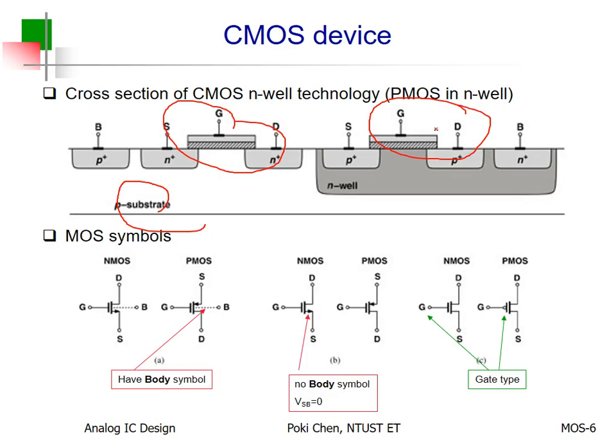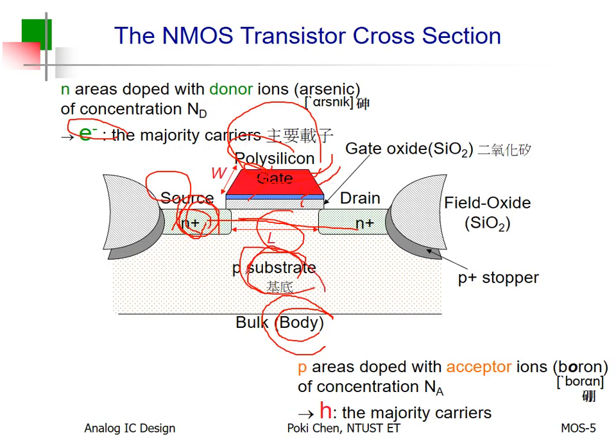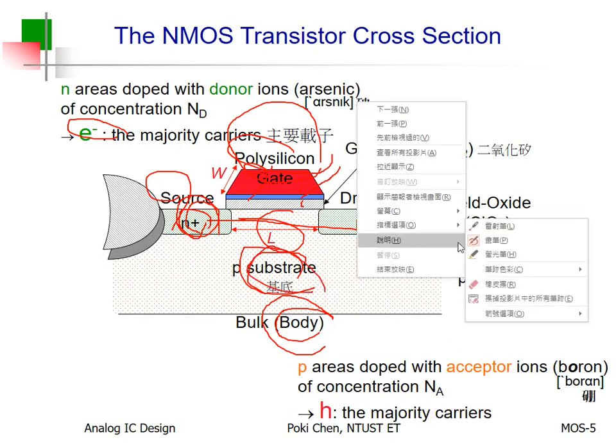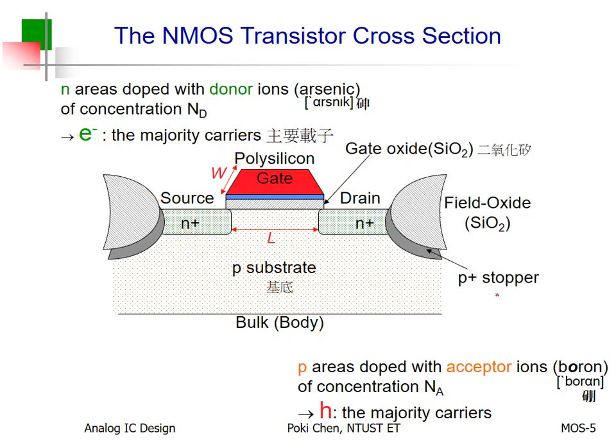Since we need to apply proper voltages or current to all terminals, we have 4, right? So how can you apply proper voltage to your body? Where is body? Body is here. Body means your channel in the future. No. After you apply proper voltage to the gate.